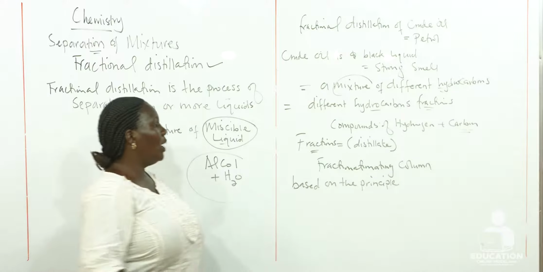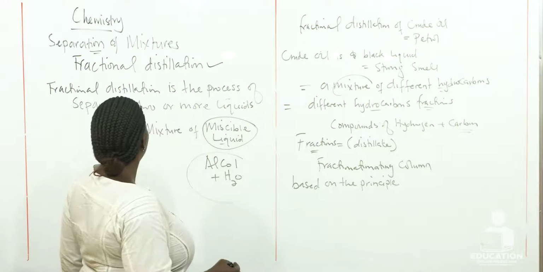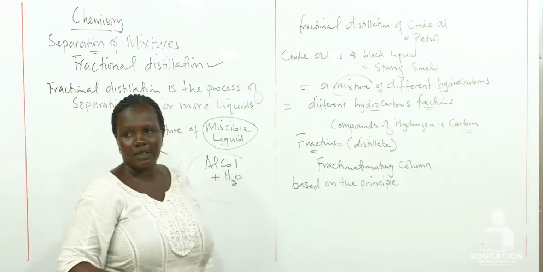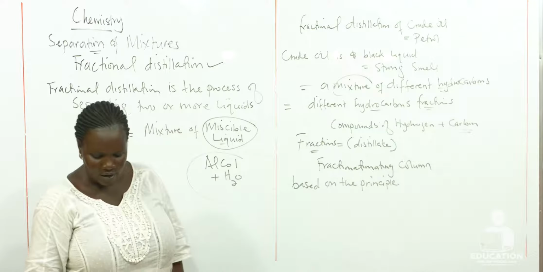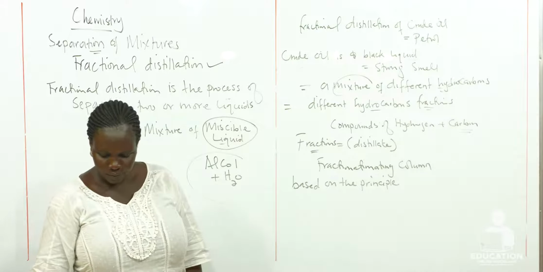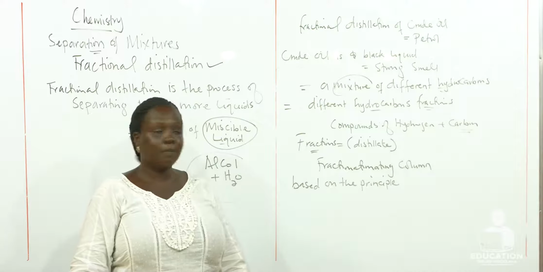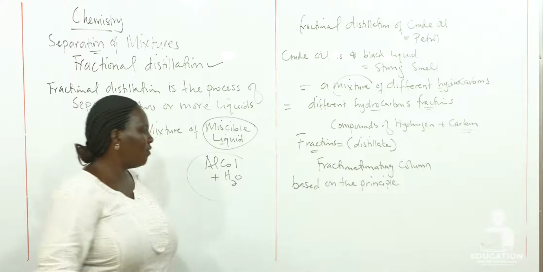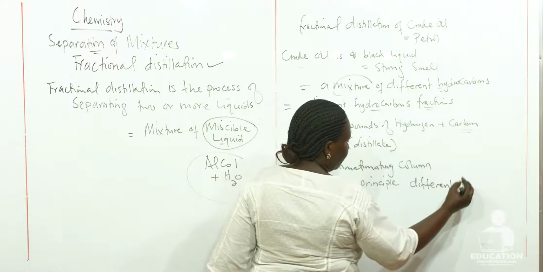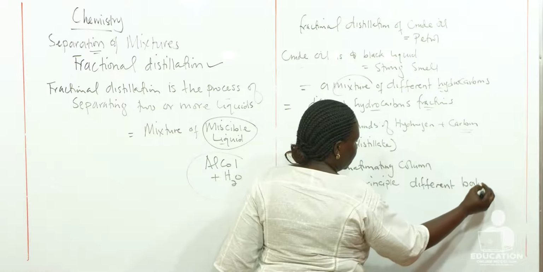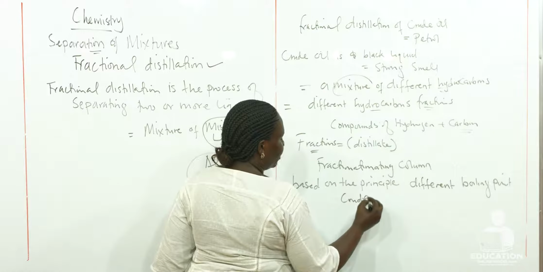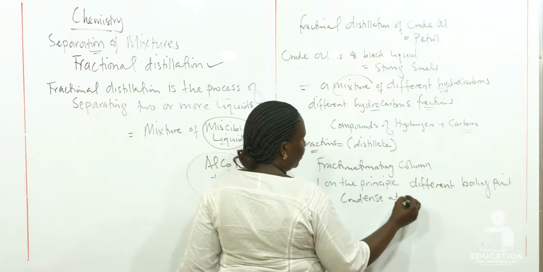That's why we heat the crude oil at different temperatures, and then we get different components, that is, different fractions of hydrocarbon. As I said, the principle is based on different boiling points, and they also condense at different temperatures.